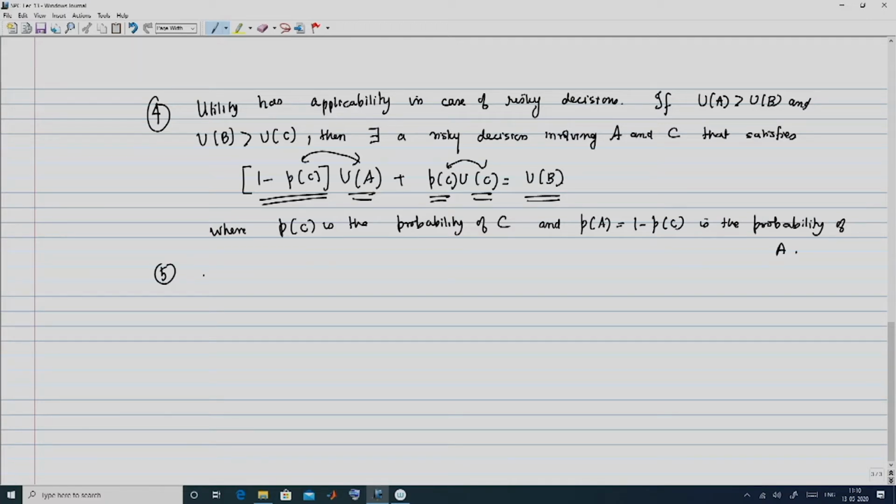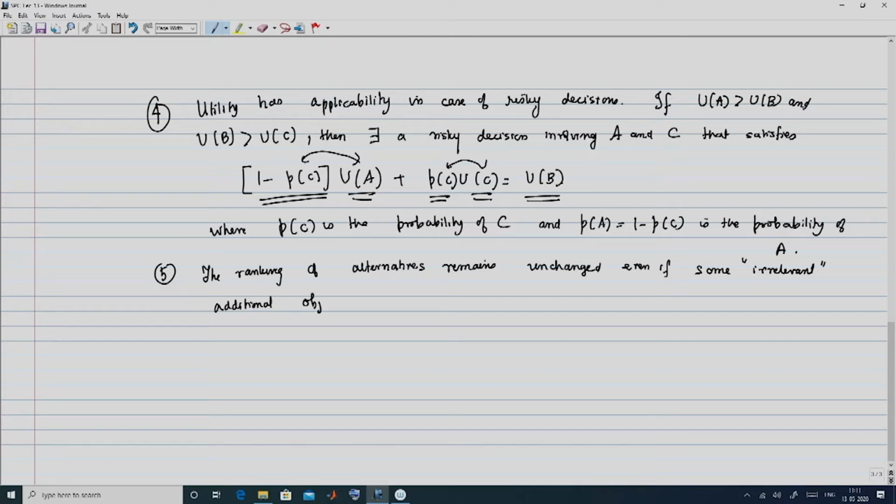The fifth axiom is that the ranking of alternatives remains unchanged even if some irrelevant additional object is added to the ranking.